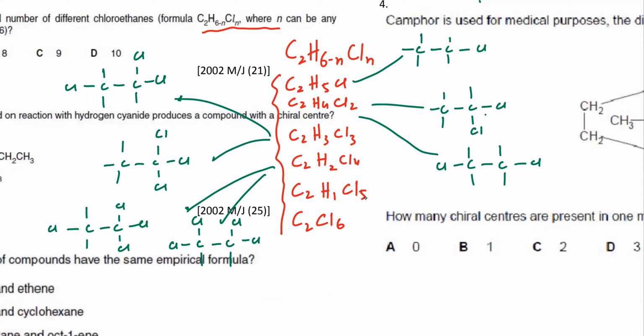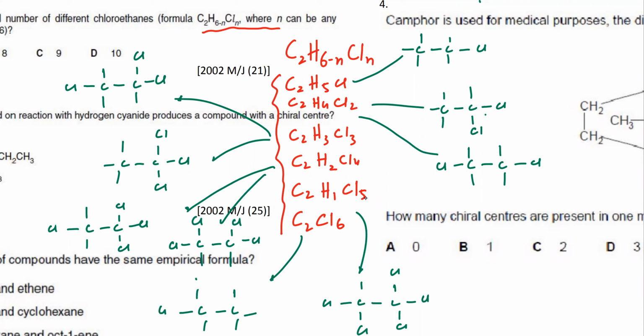Then 5 Cls: you don't have a choice, 3 Cls on one and 2 Cls on the other one, with one H. And then 6 Cls, so all of them would be Cl. There's only one combination for this one.